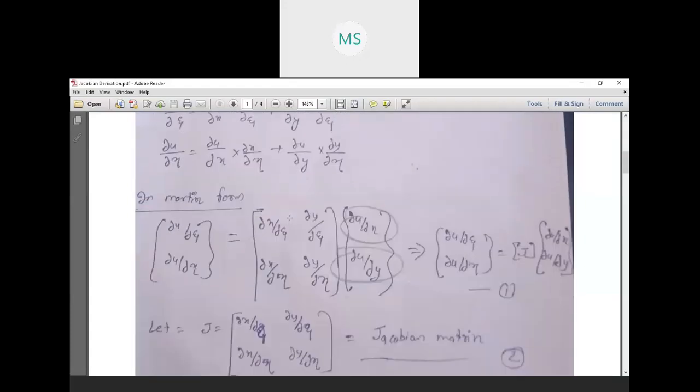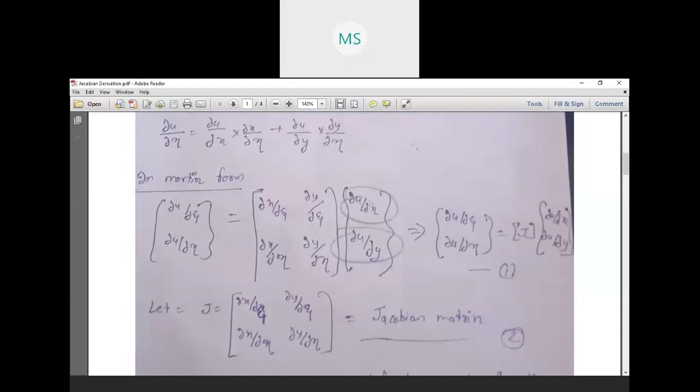After that, we have formed it in matrix form. Whatever is common, we have taken out. After taking the common part out, whatever is left is known as the Jacobian matrix.